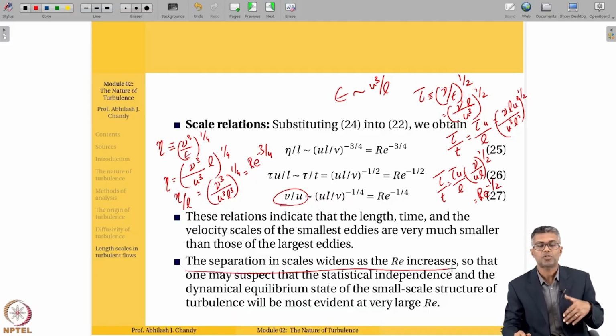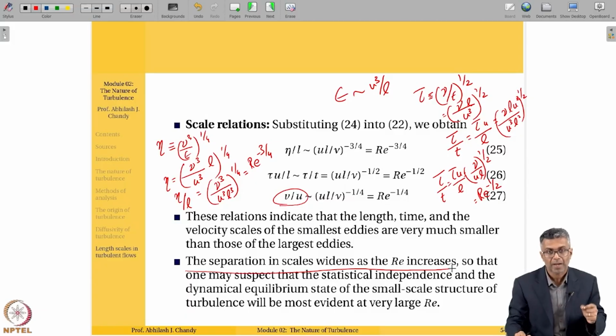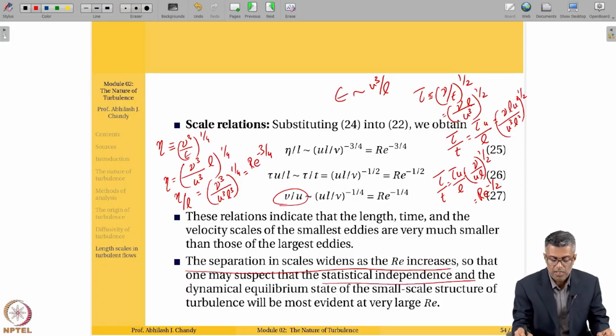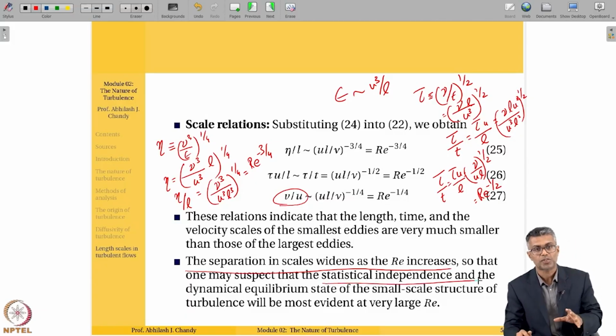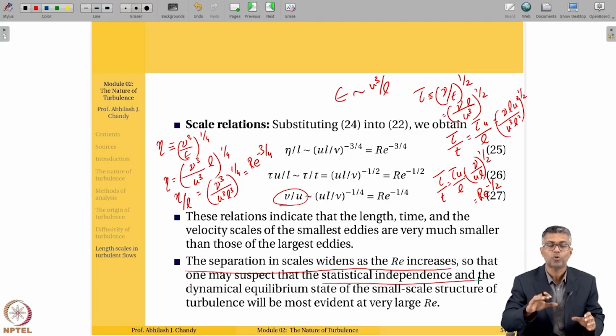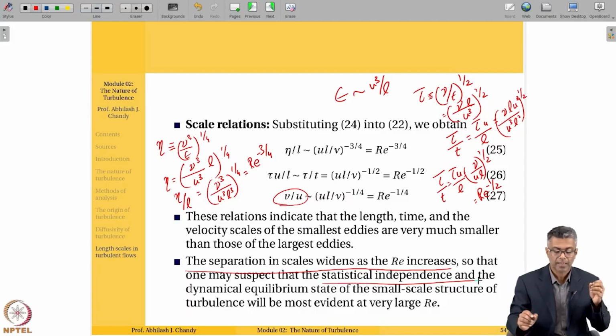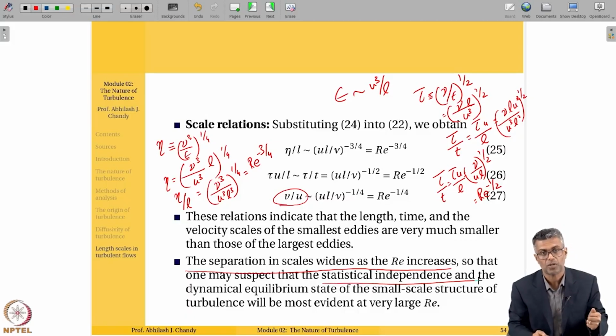And it gets to be so wide that you could imagine there's going to be a statistical independence of the small scales. What do I mean by that? It almost will not depend on what the large scales look like, because they are so small compared to the large scales that there is a statistical independence there. And because of that, there is also a dynamic equilibrium state at the very high Reynolds numbers.